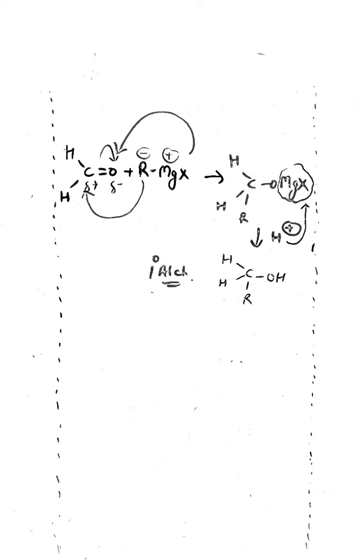So the first reaction is formaldehyde reacts with Grignard reagent, then we can obtain 1 degree alcohol.